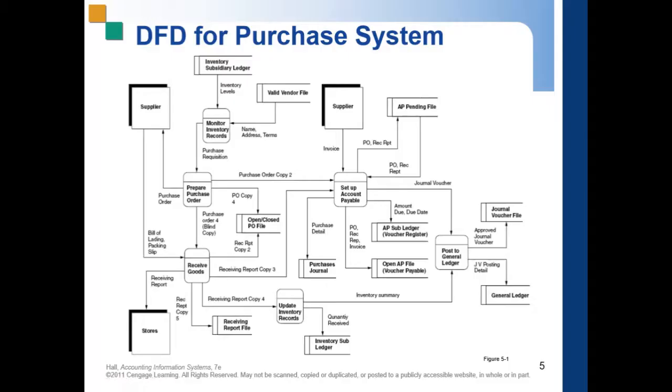Now, to make the purchasing process efficient, the inventory control function will supply much of the routine ordering information that the purchasing department needs directly from the inventory. So this is taken from the valid vendor file.